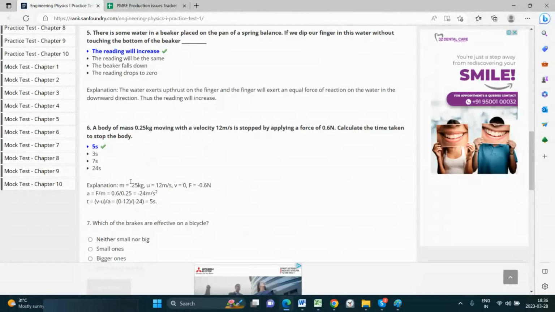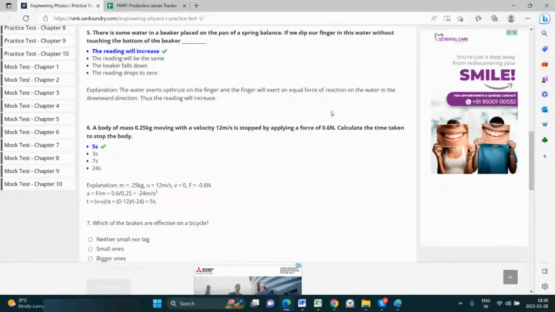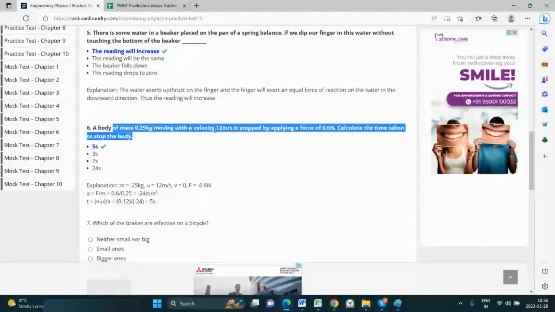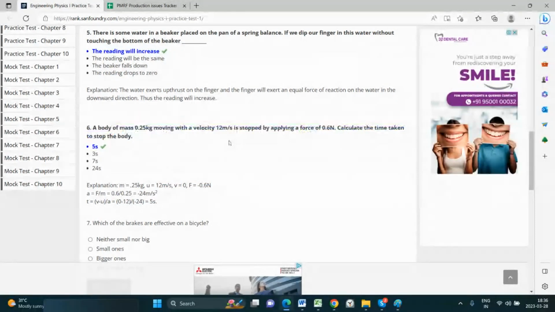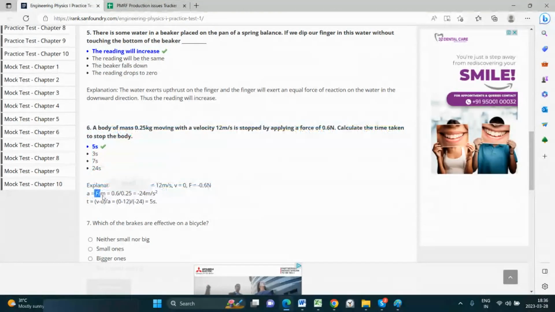Mass is 0.25 kg and the other factors are also given. The applied force is 0.6 N. Mass is this, velocity is 12 meters per second. What is the calculation? We first find the acceleration, F by m, that is force by mass.